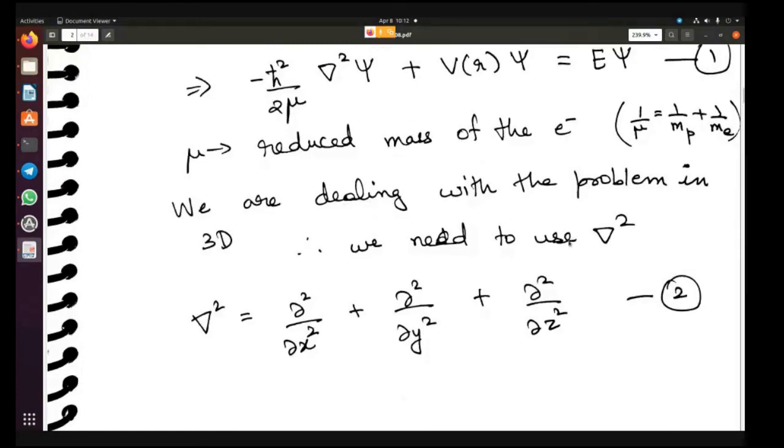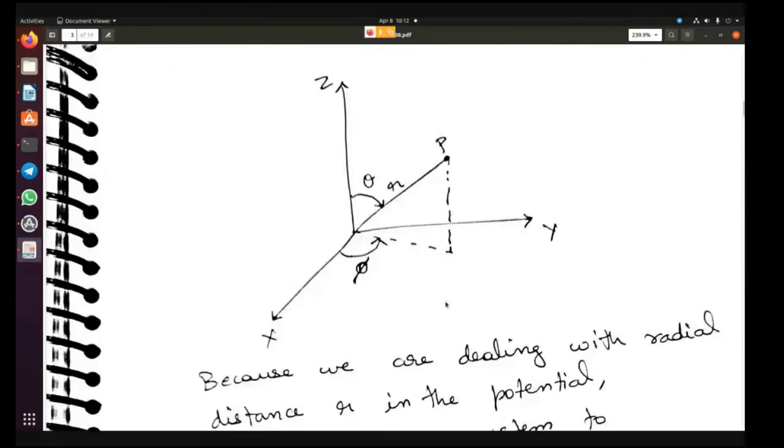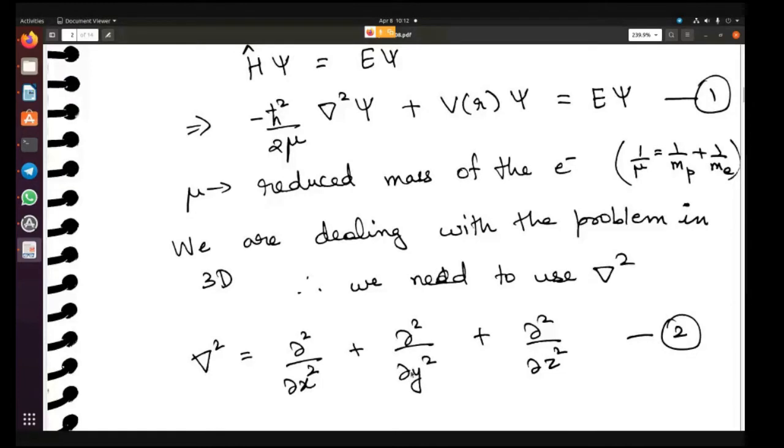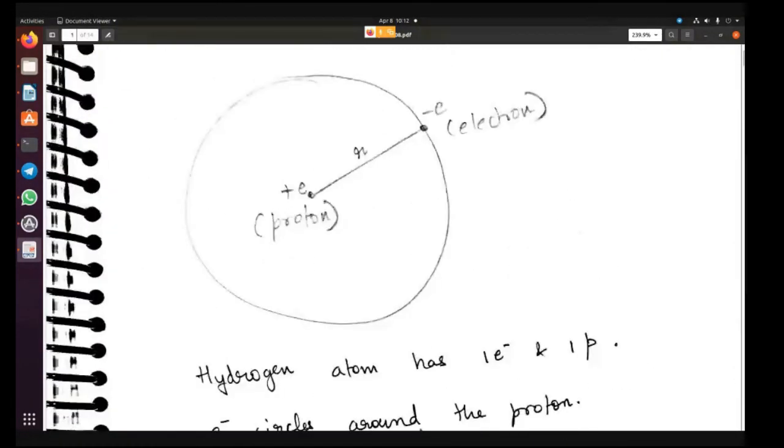Del square I've already told you is this expression, and we also learned this in the math methods course. This is obviously in terms of x, y, and z. But because there is a spherical symmetry, the electron is moving around the proton in a spherical manner, and there is a radial distance between the electron and the proton.